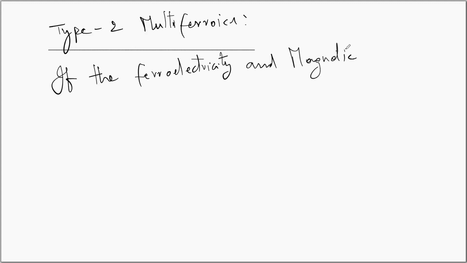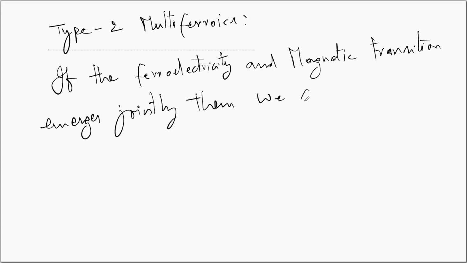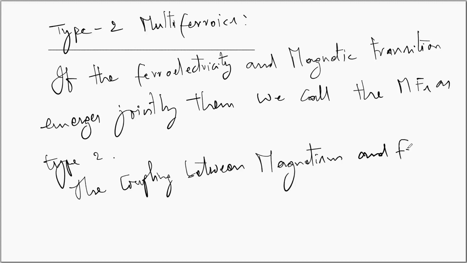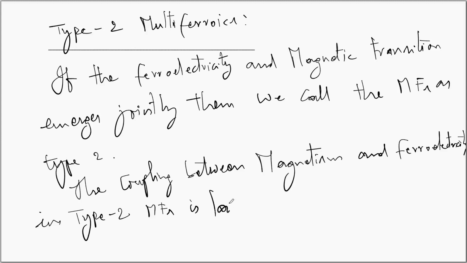In the case of type 2 multiferroics, the coupling between magnetism and ferroelectricity is larger than in type 1 multiferroics.